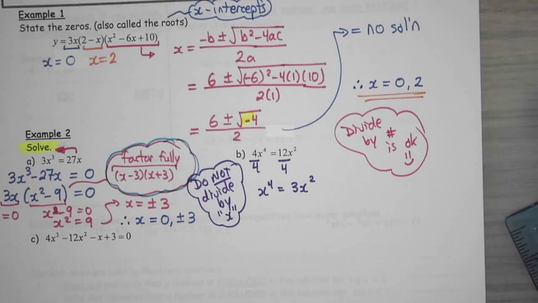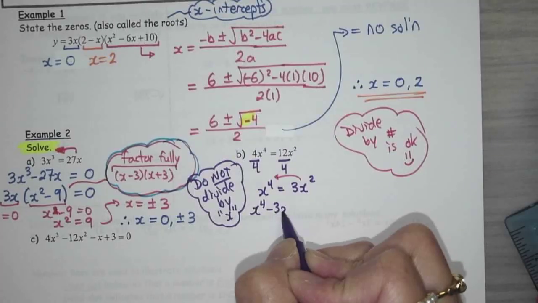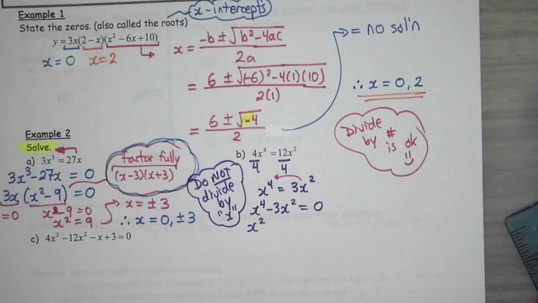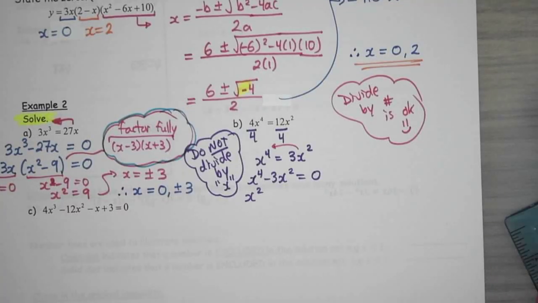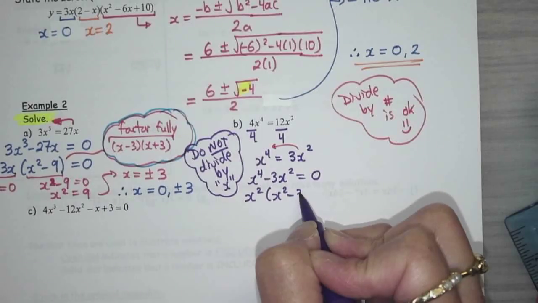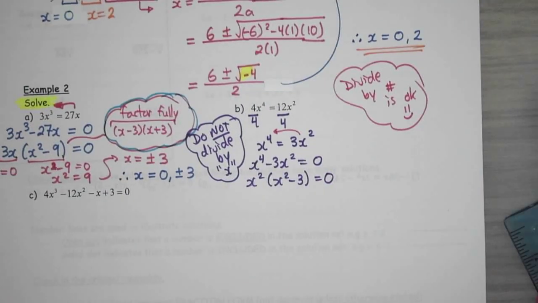So instead, we're going to bring it to one side and solve. So x to the 4 minus 3x squared equals 0. Okay? Factor, don't cancel an x. Never cancel x's. You're creating a rational expression. So x squared times x squared minus 3 equals 0. And let us solve.